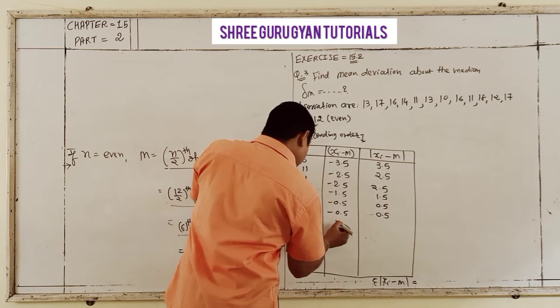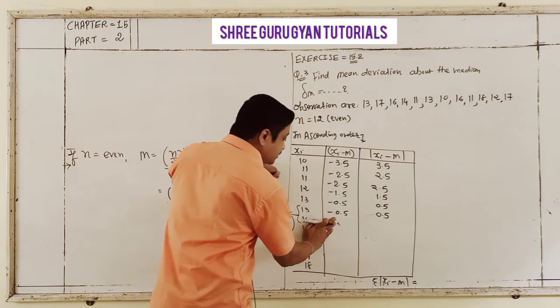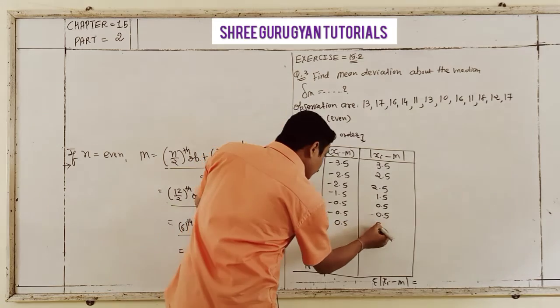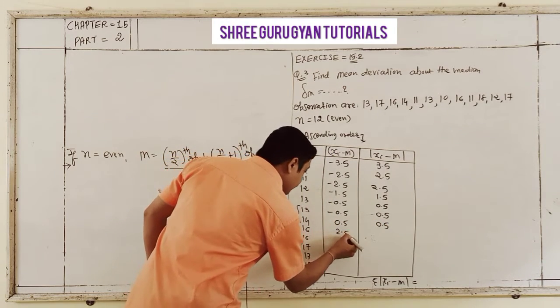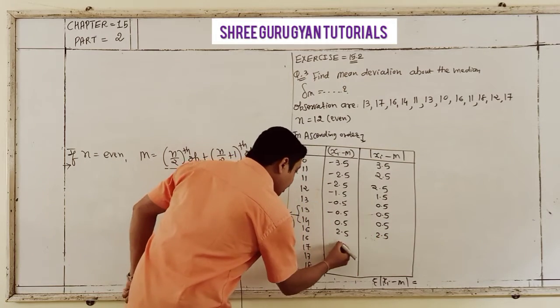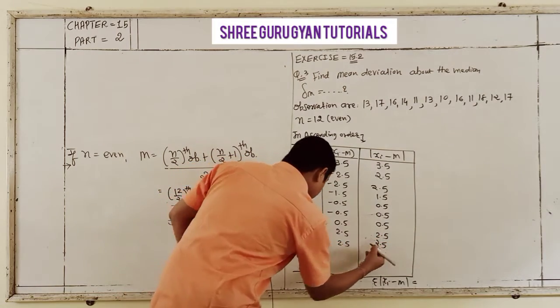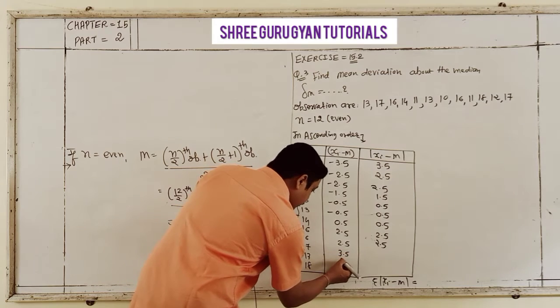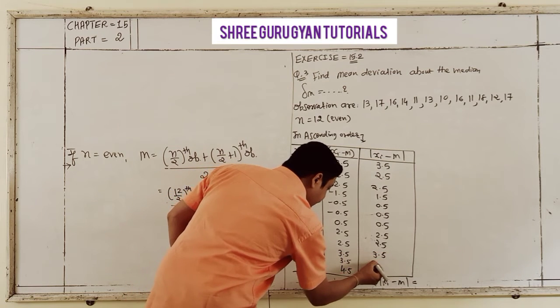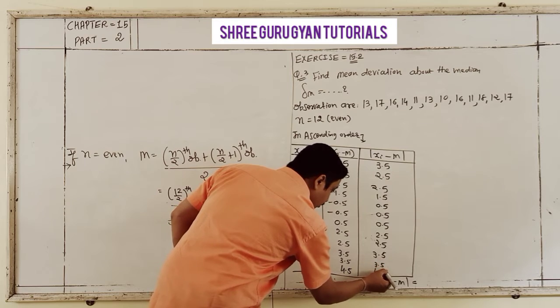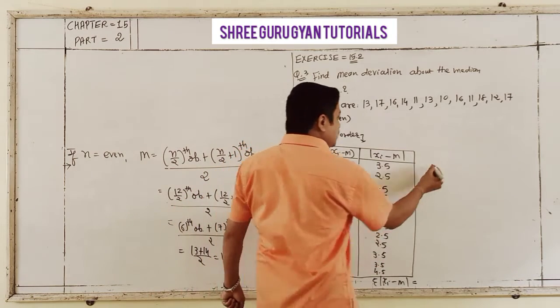Sorry, it is 0.5, students. Next 16 minus 13.5 is 2.5, and again 2.5. Then 17 gives 3.5, again 3.5, and 4.5. And add them all in the formula.